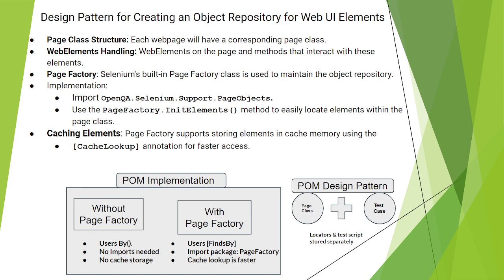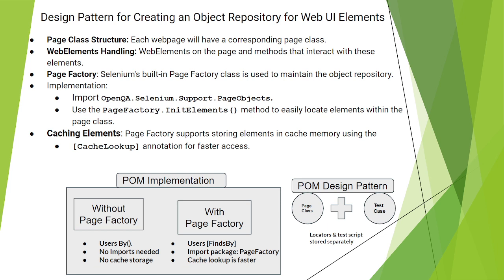To create it, you can import OpenQA Selenium Support PageObjects through the NuGet package manager, and use the PageFactory.InitElements method to easily locate elements within the page class. In my framework, I have used the page factory concept because I find it's a little faster and more robust compared to without page factory, and I've used the @FindsBy annotation.